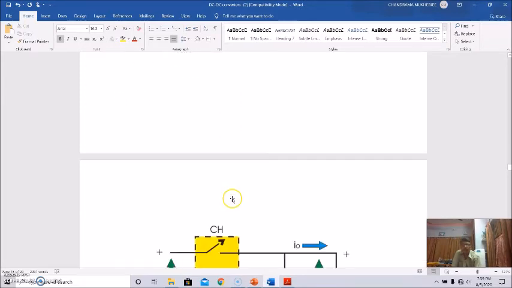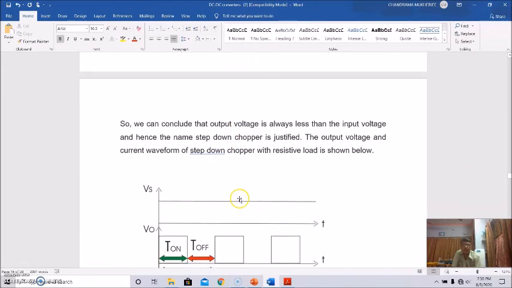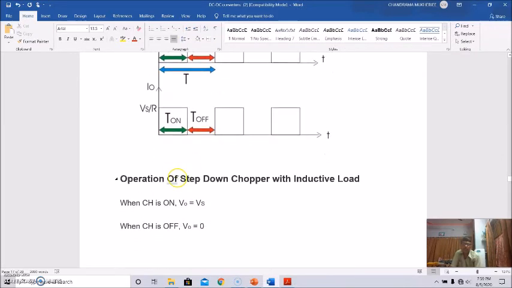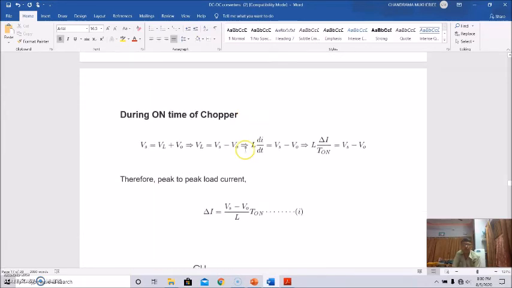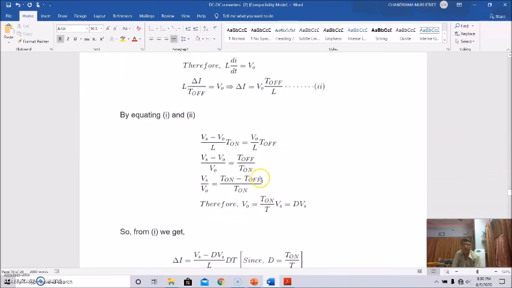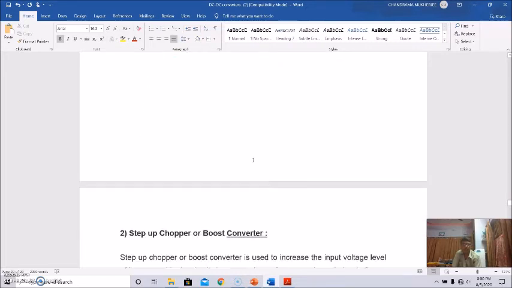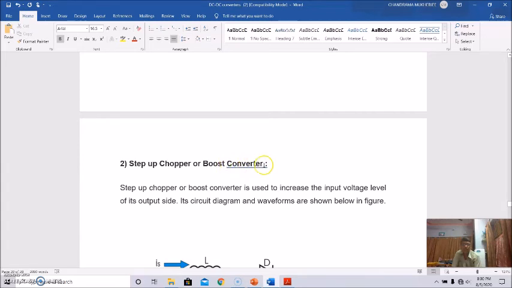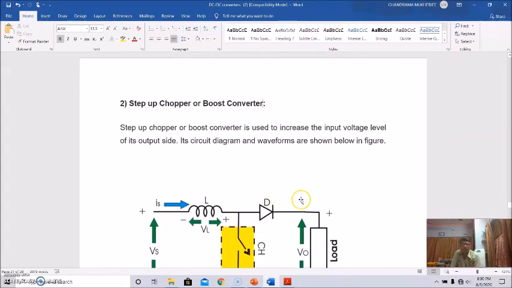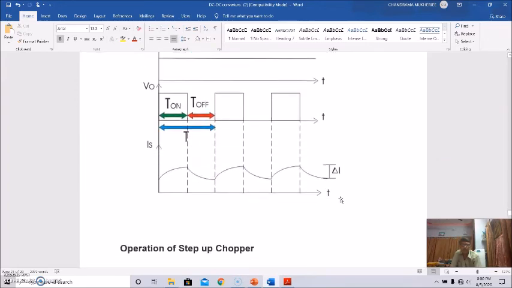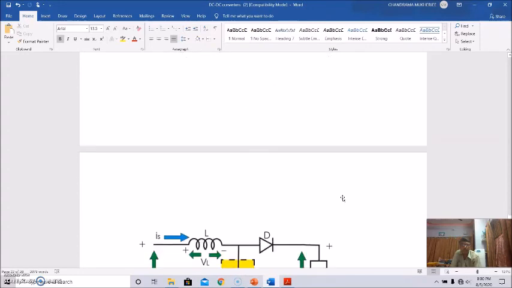Then we have discussed the step up chopper, its circuit diagram, its operations, its mathematical derivations. Then the step up chopper or boost converter also we have discussed, its circuit, its operations, and why it is step up.